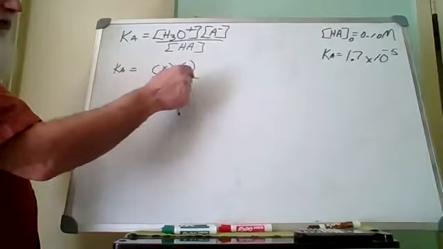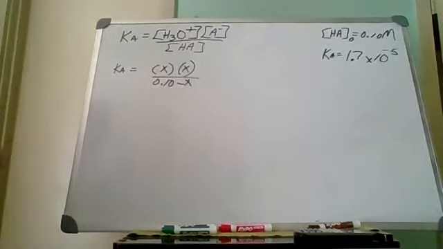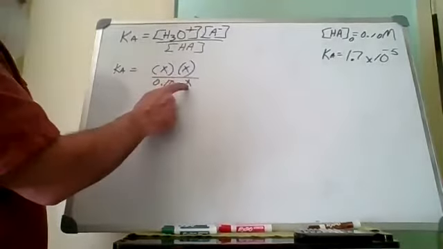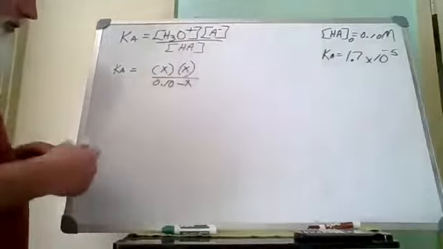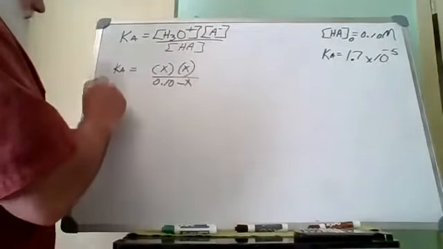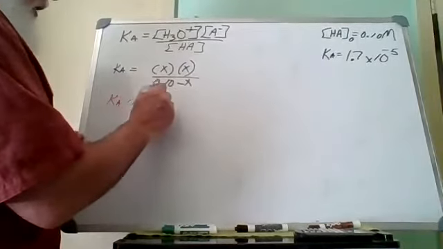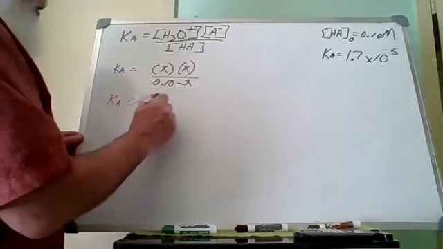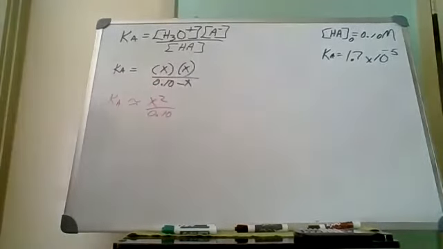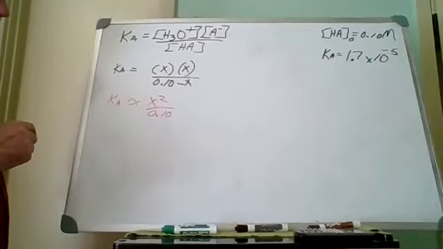I have an X squared term here and an X term here. We're going to make an approximation here. We're going to say that this is very small compared to this, right? So I'm going to write on the next line, Ka is approximately X squared, all right, multiplying those two together, divided by 0.10. Okay, and we'll find out at the end whether or not that approximation is valid.